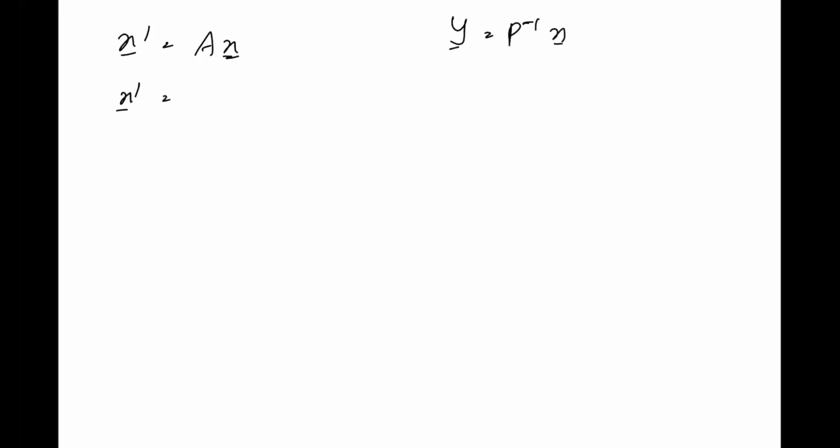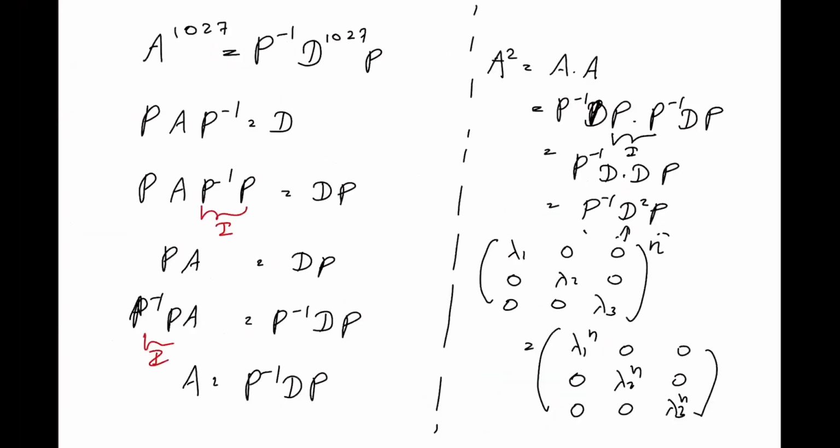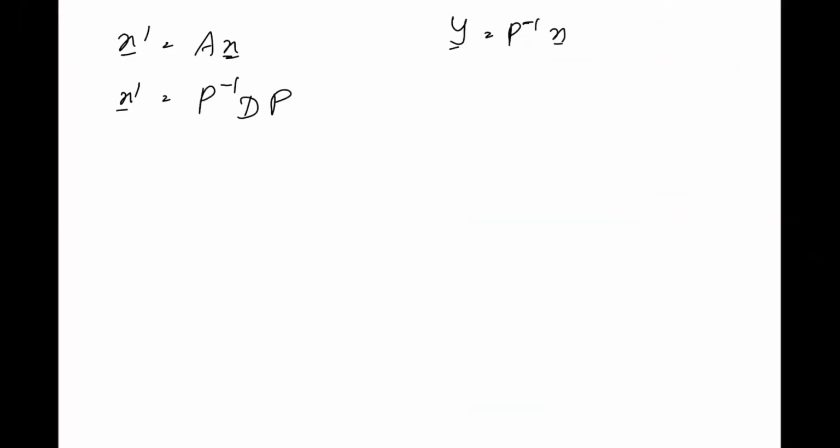X bar dash is equivalent to P inverse DP. Okay, I think I got that one. So then my x variable is equivalent to my x bar thing. So then I can have this equation.